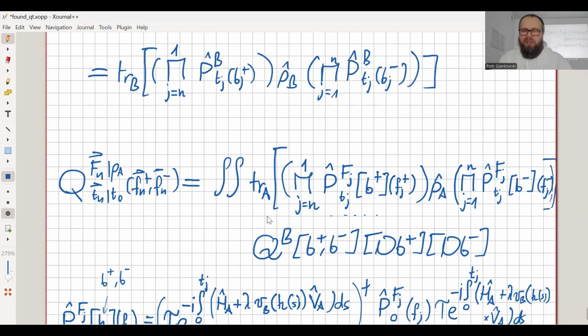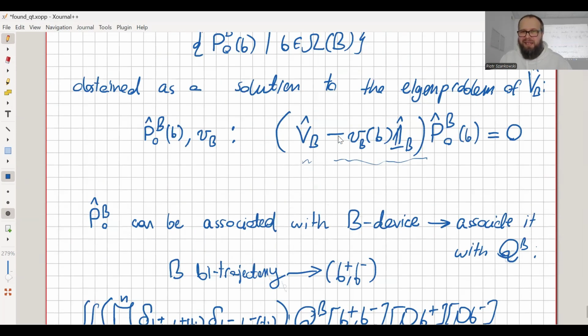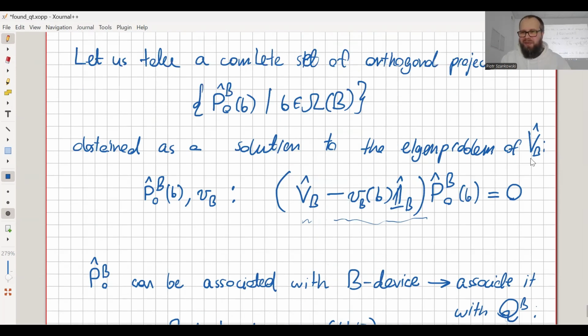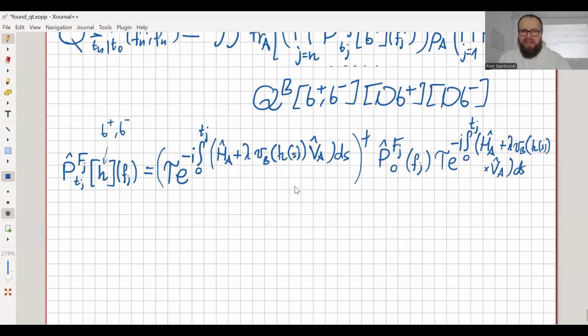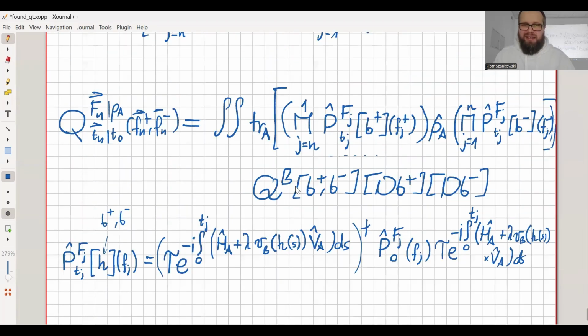Again, this V B, these are eigenvalues of the capital V B operator. So this is the full form.